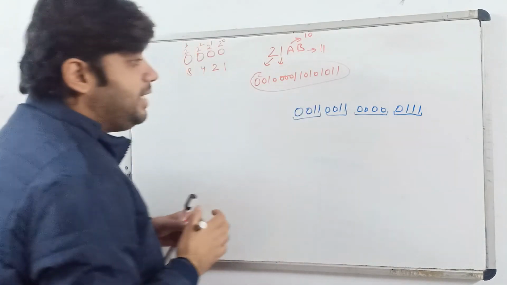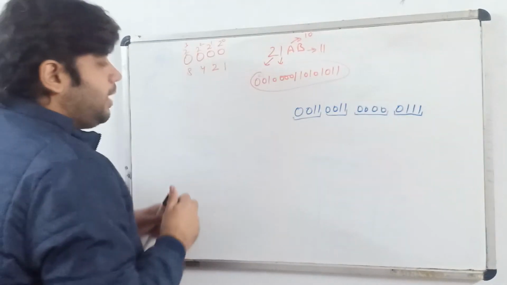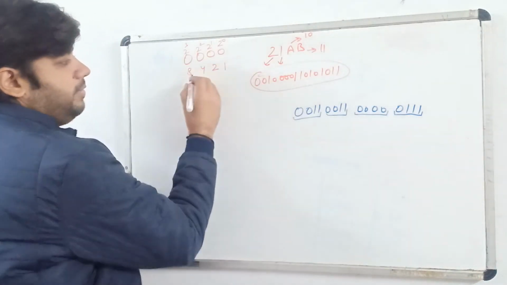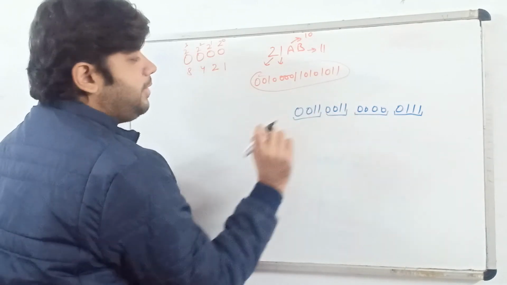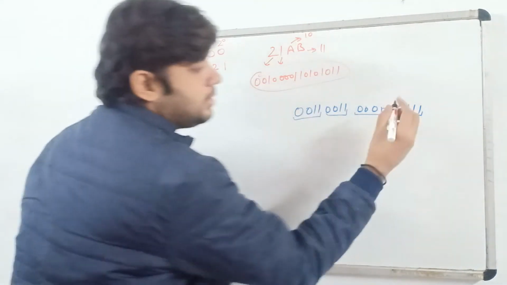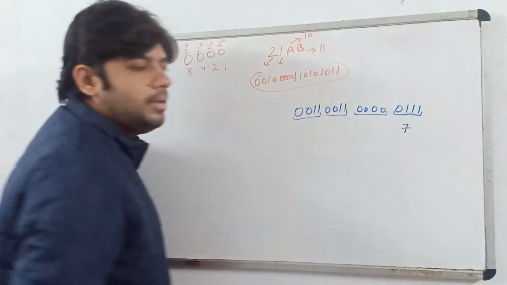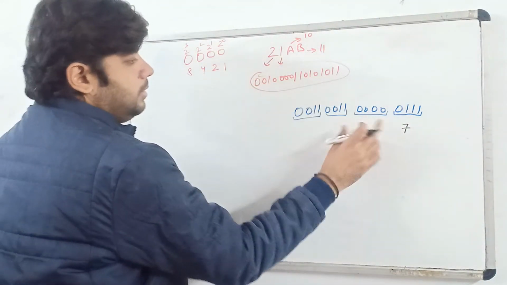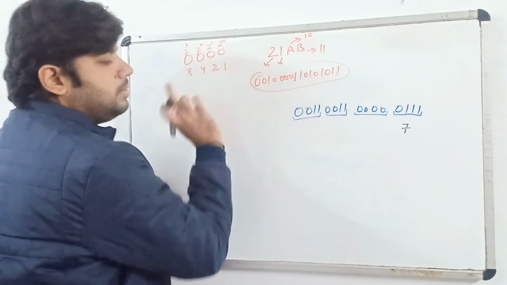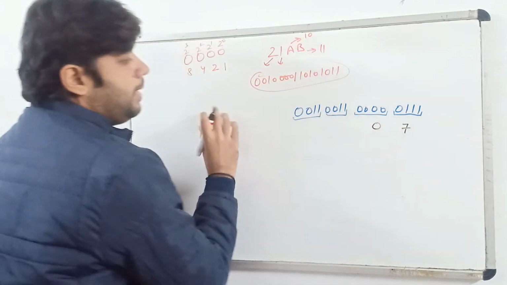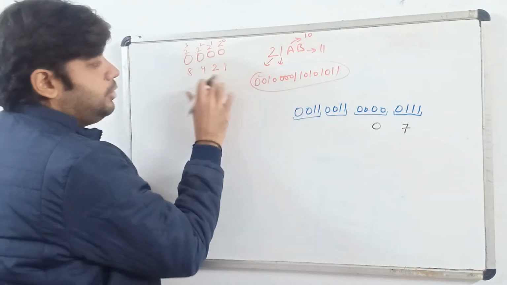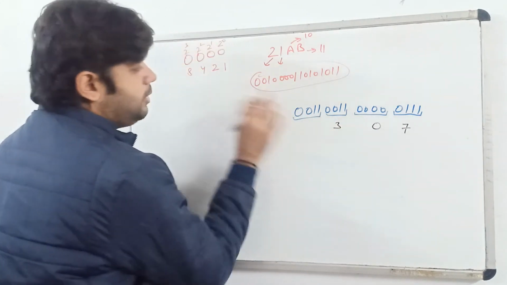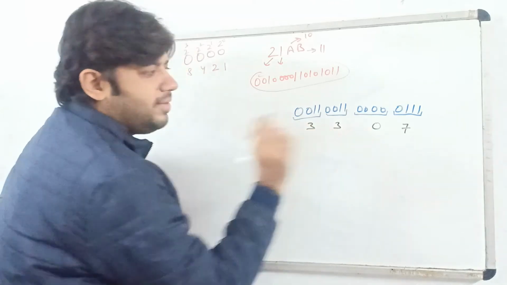Now let's calculate in binary. We already know the digits. Over there, first is 0 and the rest is 7, so the value of this is 7. Now all are 0, it means the value is 0. Then this one, the value is 3, and this one again, the value is 3.